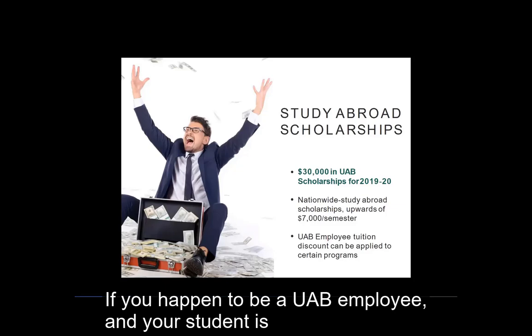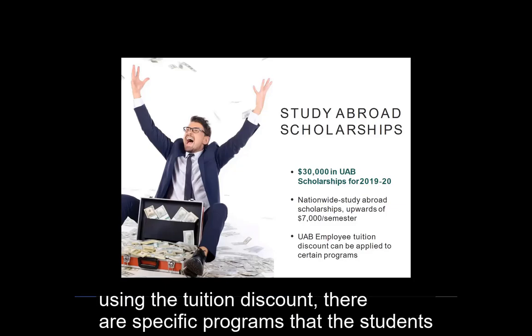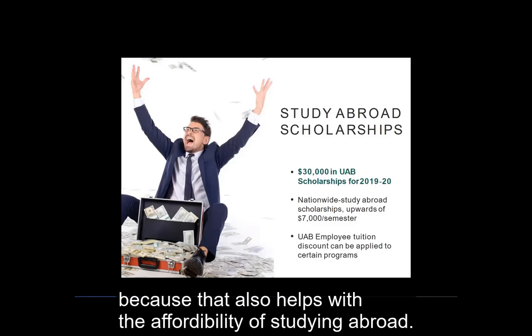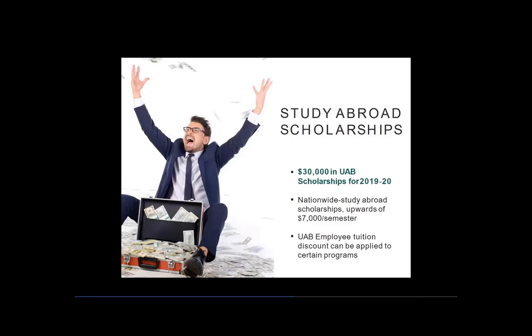If you happen to be a UAB employee and your student is using the tuition discount, there are specific programs that the students can use that tuition discount, and so they can talk to our office about that because that also helps with the affordability of studying abroad.